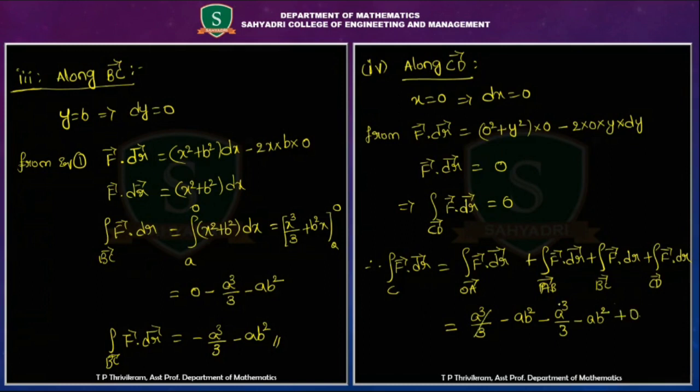Okay, so these two get cancelled. What is the answer? Minus 2a b square.